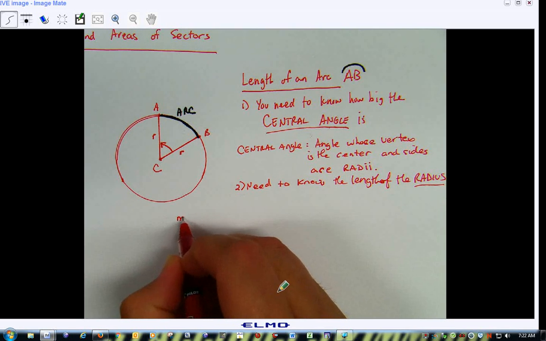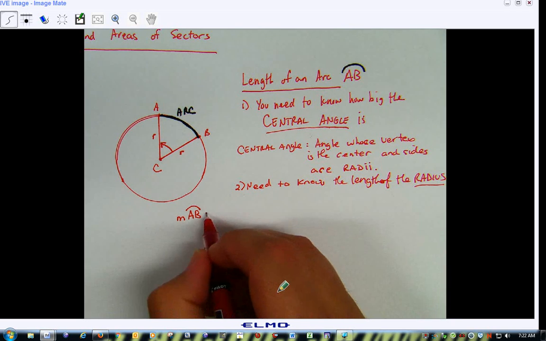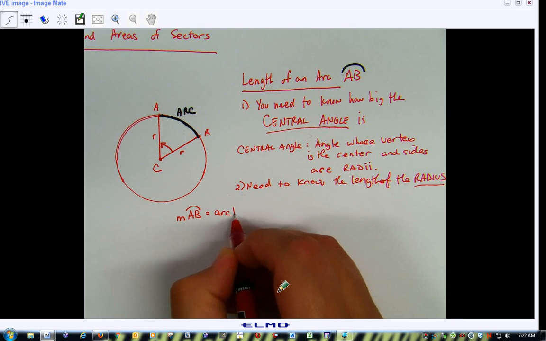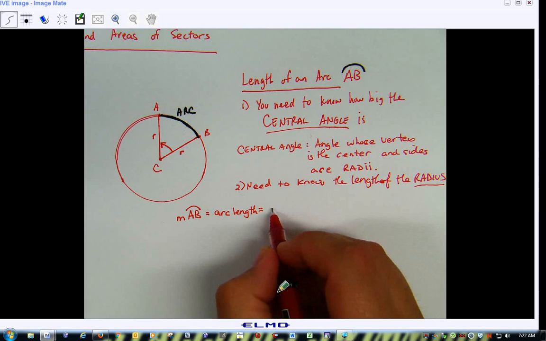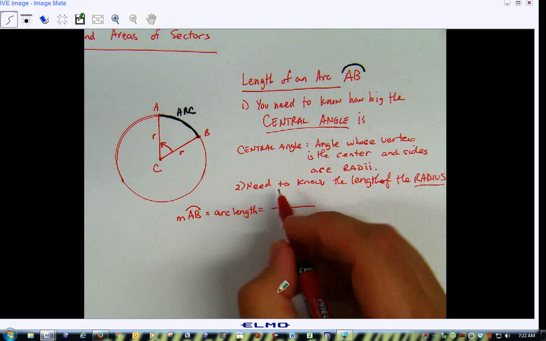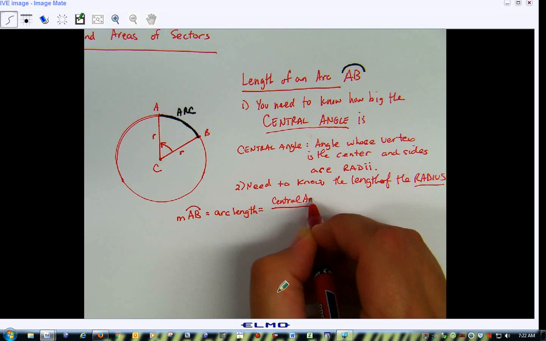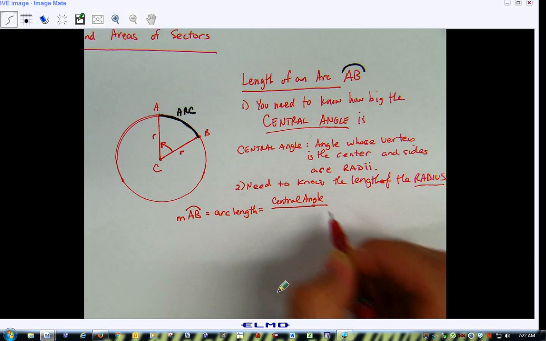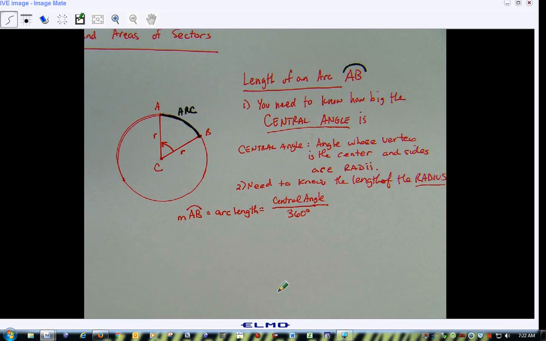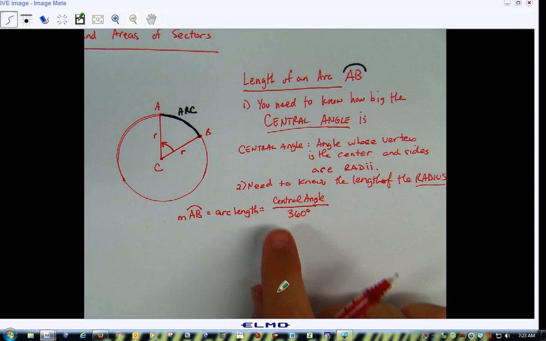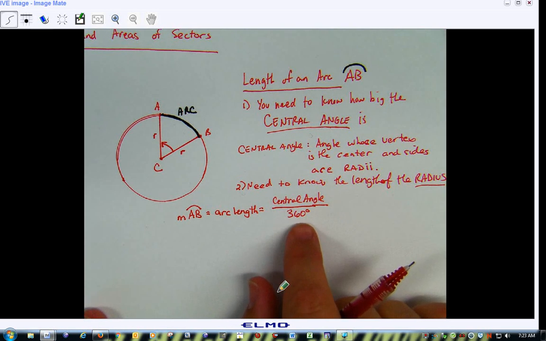The measure of arc AB: the first part of it is going to be a fraction. It's going to be the measure of the central angle divided by 360 degrees.